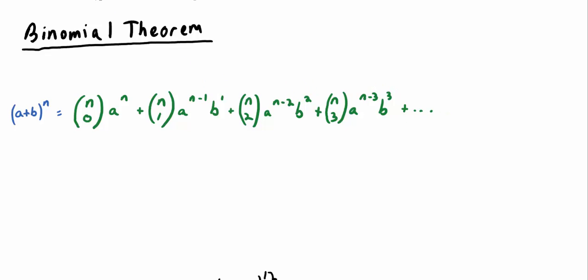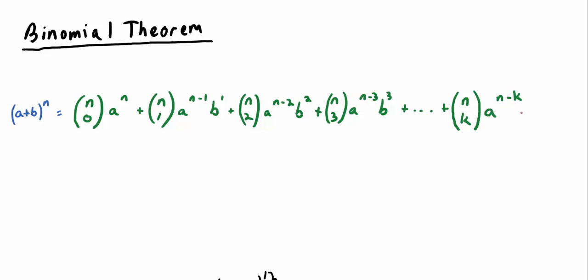Okay, so let's look at what the kth term should look like. It would be n choose k times, okay, what would the exponent on the a be? N minus k. N minus whatever this number is right here.